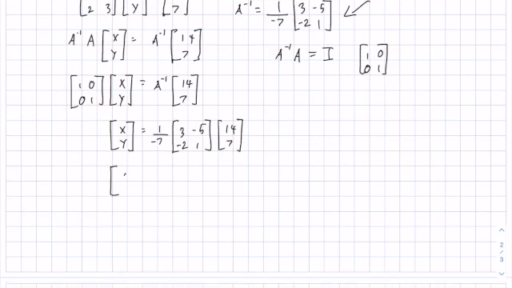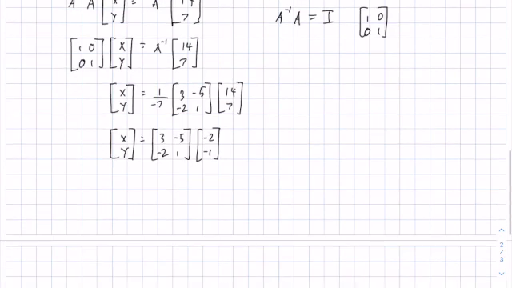x, y equals 3, negative 5, negative 2, 1, times negative 2, negative 1. Now let's solve this. x, y is equal to 3 times negative 2 is negative 6.